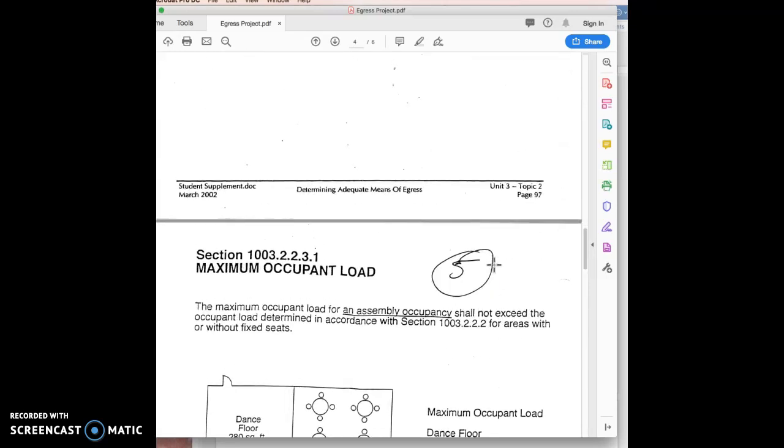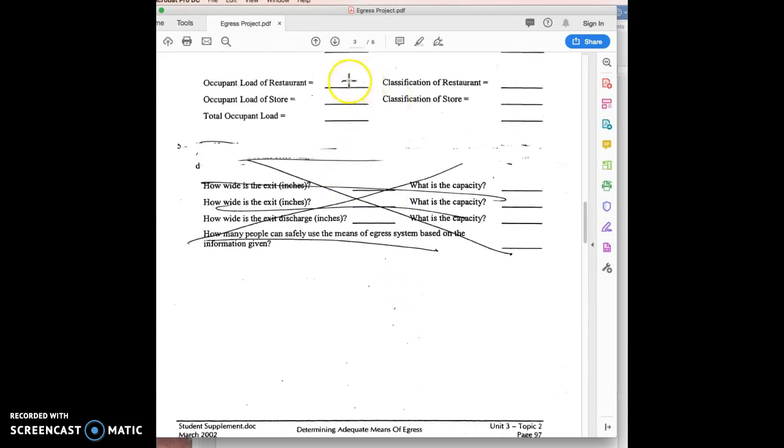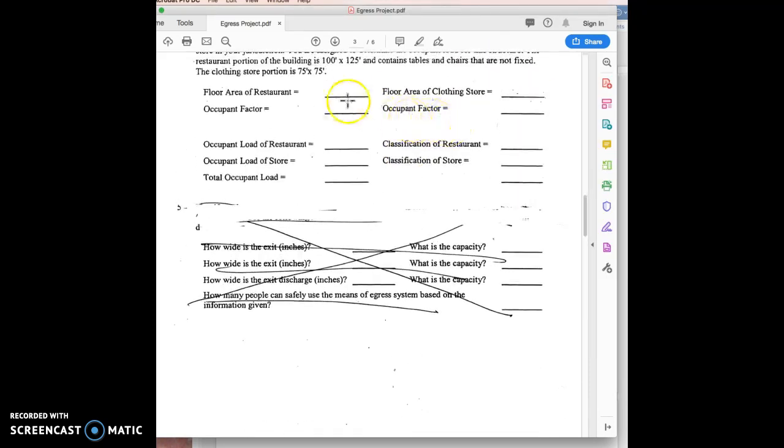I did remember. So let me give you these numbers. Occupant load of restaurant is 12,500, and then of course divided by 15, and that equals 834. The floor area, wait, I did that backwards. Floor area of the restaurant is 12,500 divided by 15.